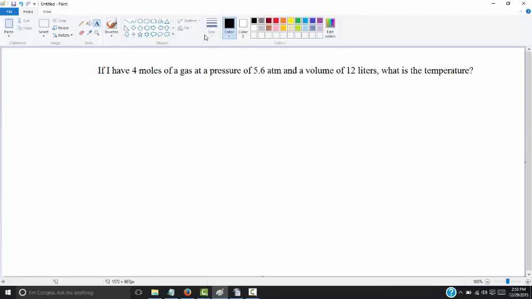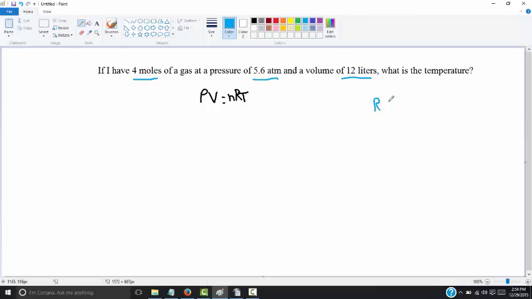So we'll start off with our generic equation, PV equals nRT. Alright, we have pressure, we have volume, we have n, the number of moles, and then of course the R is a constant value.